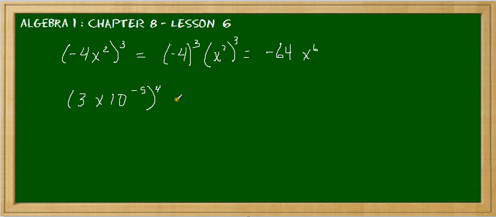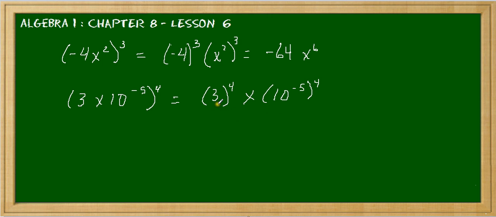We would raise 3 to the 4th power. So we're going to preserve that big multiplication sign, and we're going to have 10 to the negative 5th power, and we'll raise that to the 4th power. So what do we get?